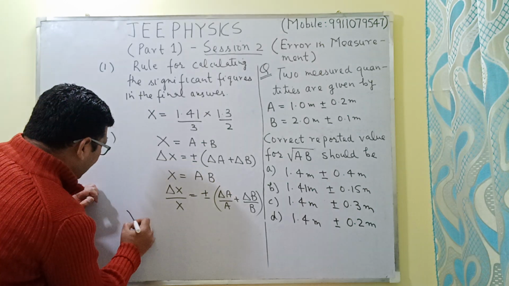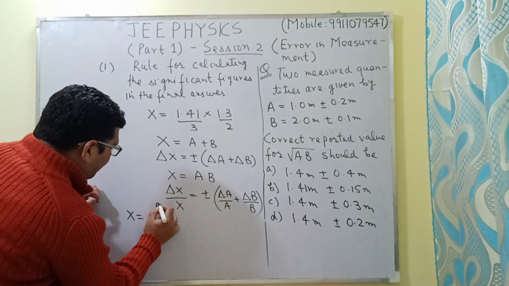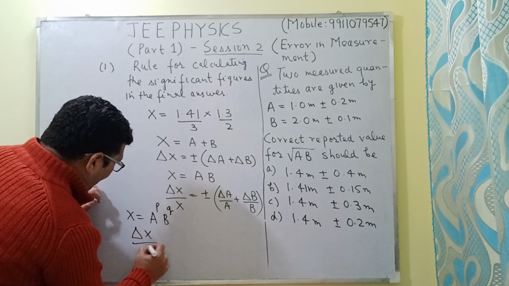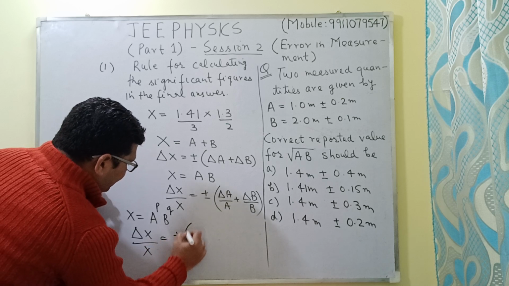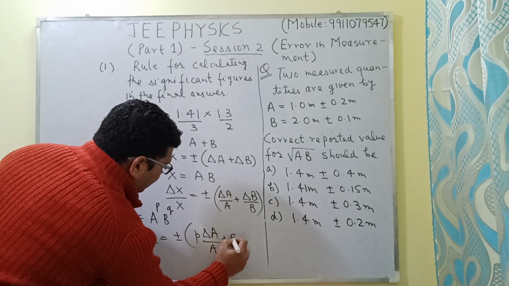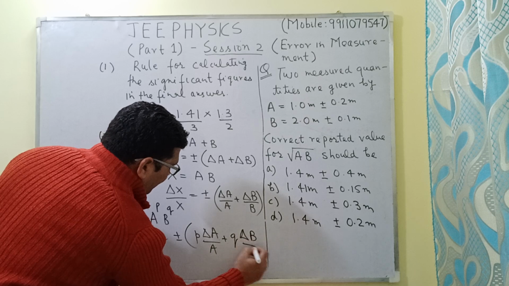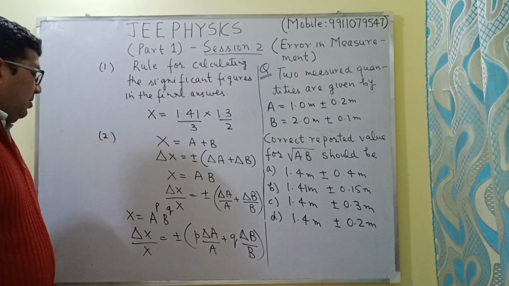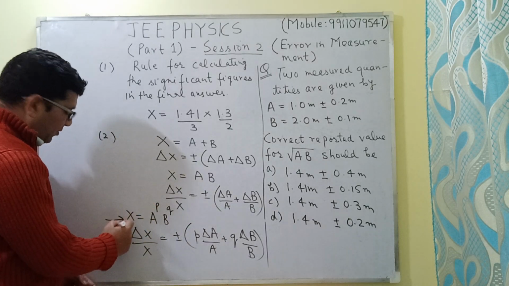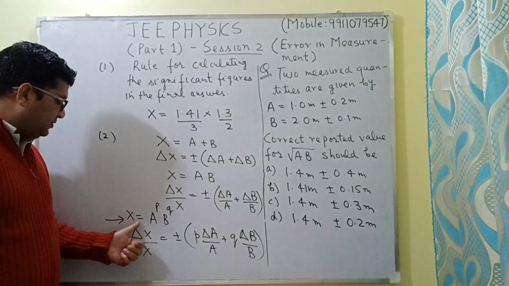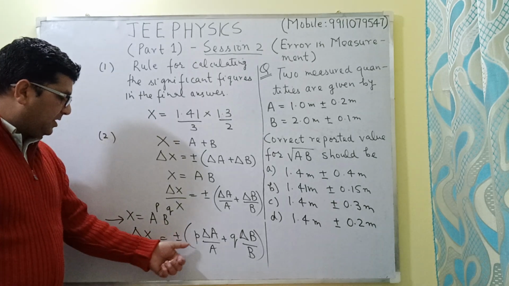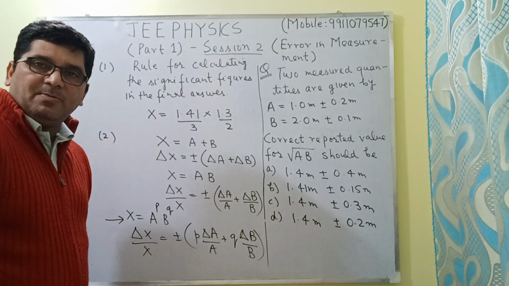And the third one was, if x is equal to a to the power p and b to the power q, then delta x upon x will be equal to plus minus p delta a upon a plus q delta b upon b.